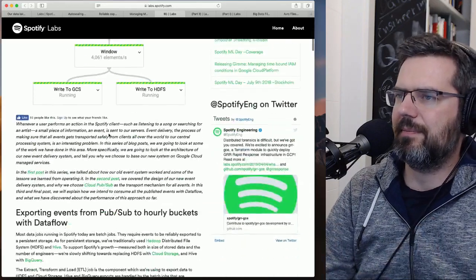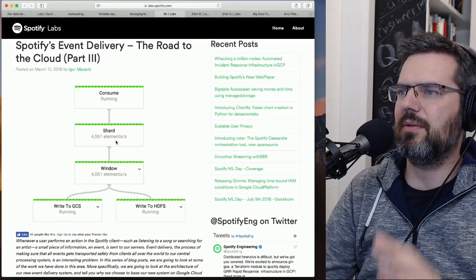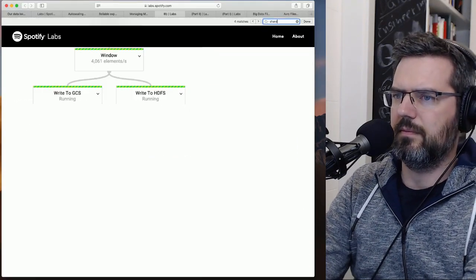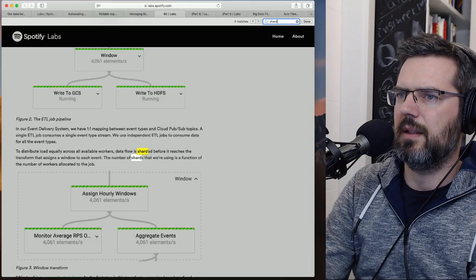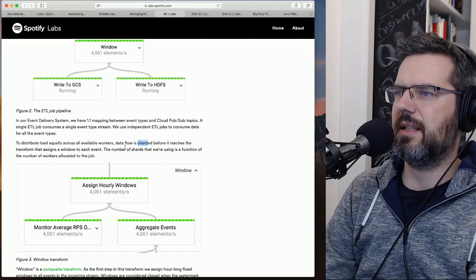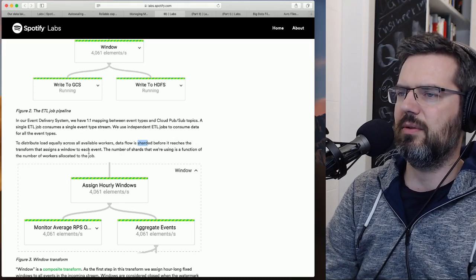How would you say this? For me, this is a parallelization process here. To distribute load equally across all available workers, Dataflow is sharded before it reaches the transform that assigns window to each event.